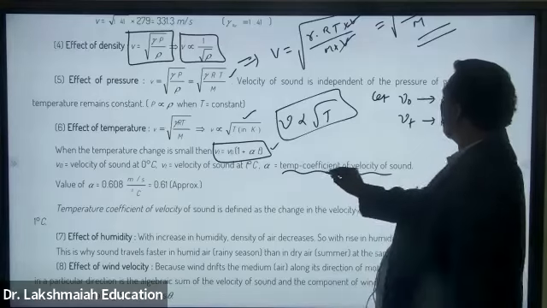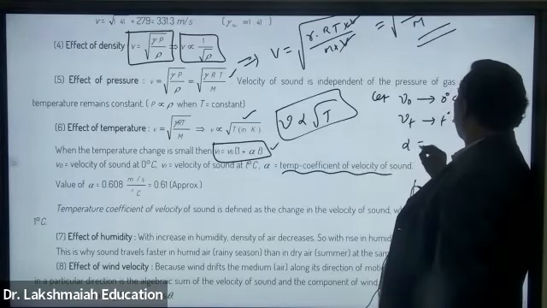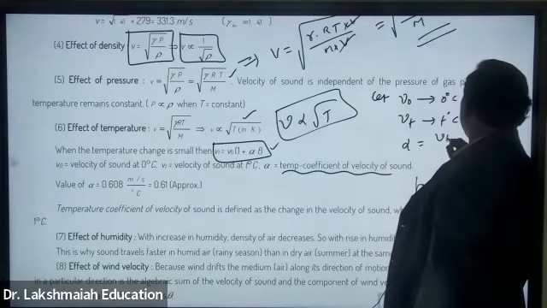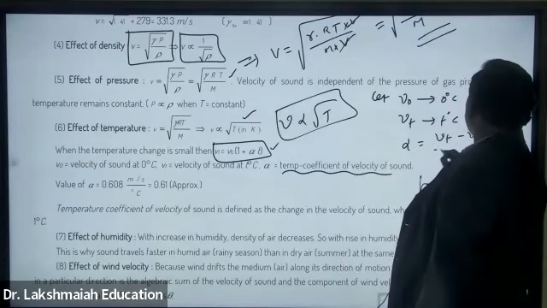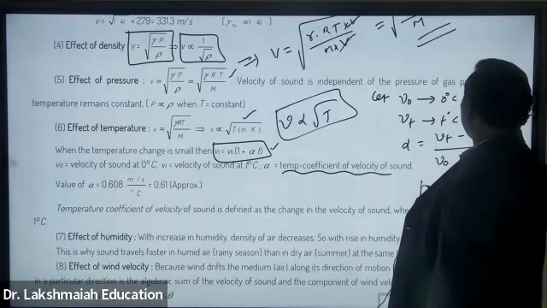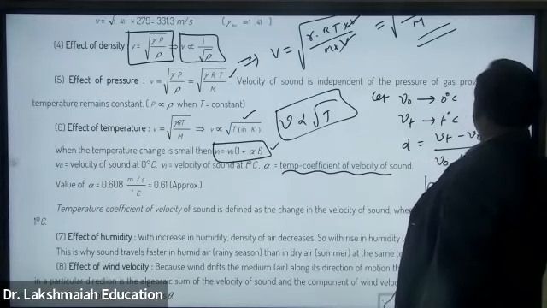Then the coefficient of velocity of sound, alpha, is equal to Vt minus V0 divided by V0 into T, the change in temperature. This is alpha per degree centigrade.